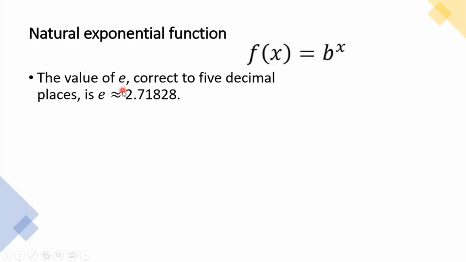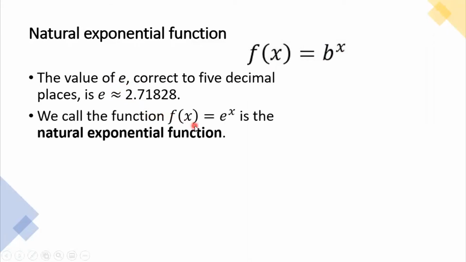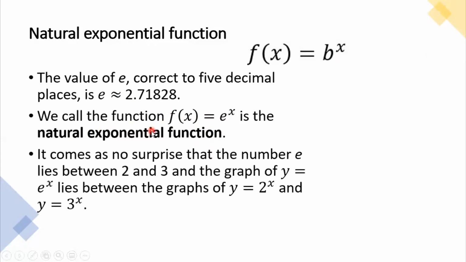The function f(x) = e^x, where the base is e, is what we call the natural exponential function. Let us look at the graph of the natural exponential function. It passes through the point (0, 1), and it has a domain of all real numbers and range from 0 to positive infinity.